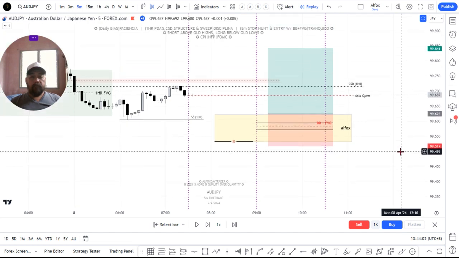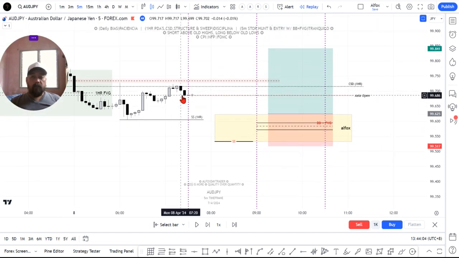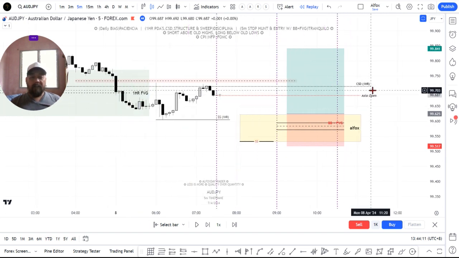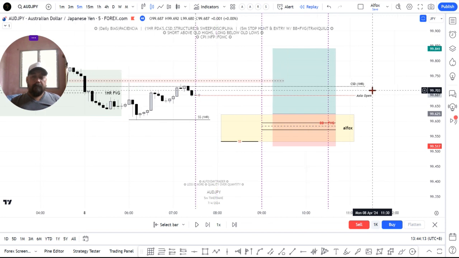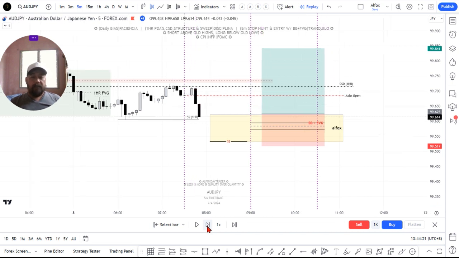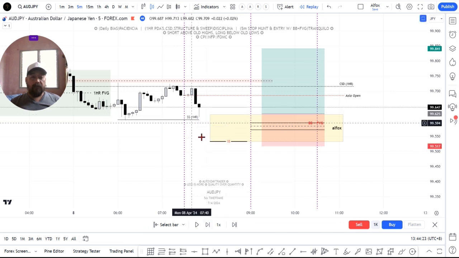Now here is our Asia Open, which is this line. Then we also have our change in state of delivery, which I marked from yesterday. So now let's proceed. As you can see, price is now going down to our point of interest.